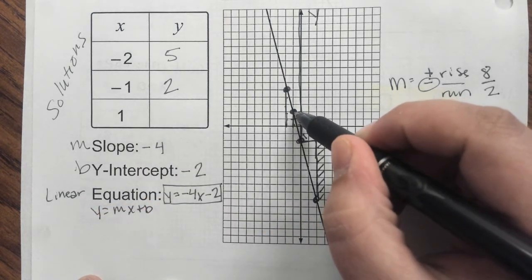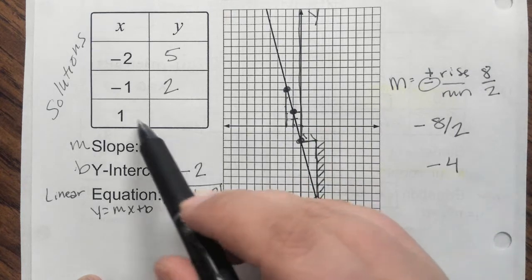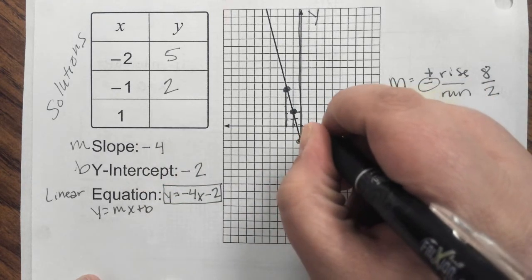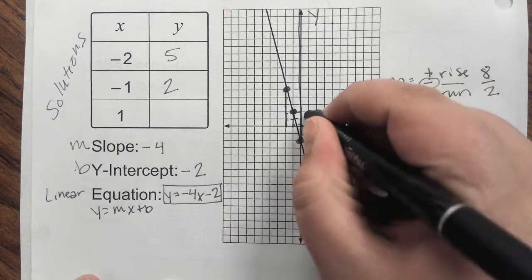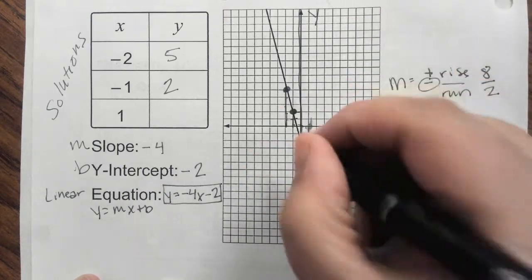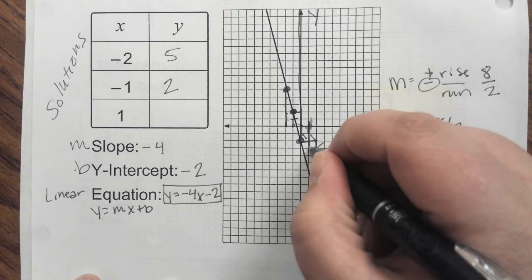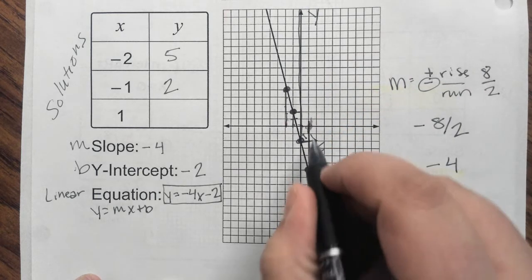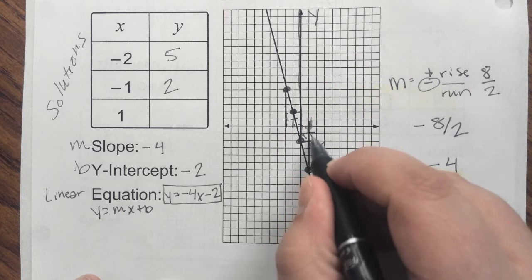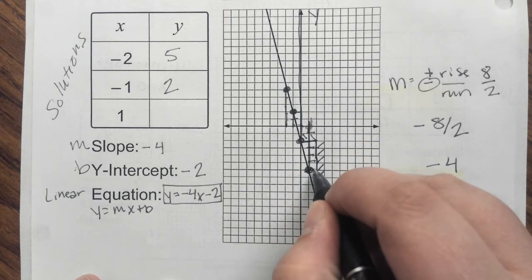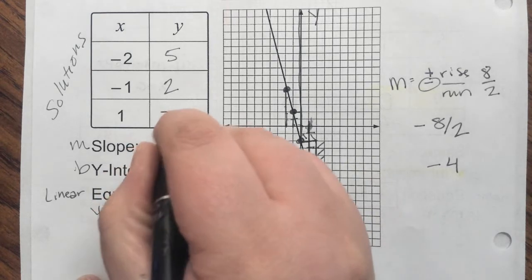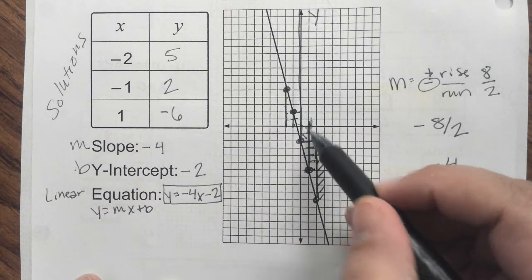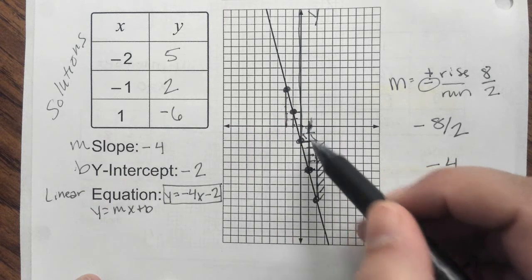The next solution needs to have an x value of positive 1. So here's positive 1, and I need to follow this line until I'm down on the line right there. That has a y value of down 1, 2, 3, 4, 5, 6. Since it's down 6, that would be a negative 6 y value. So the ordered pair is positive 1, negative 6.